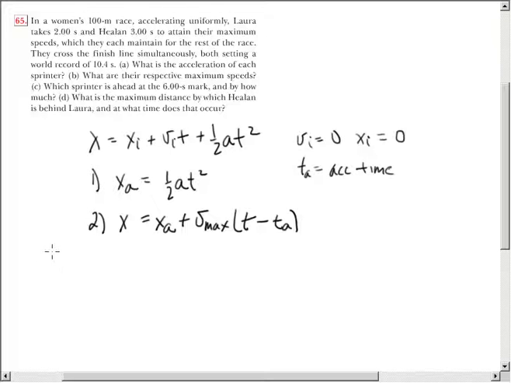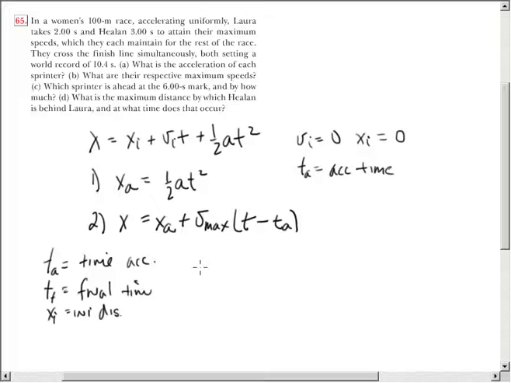We know the time of acceleration, we know the final time, we know the initial distance, and we know these for each runner.